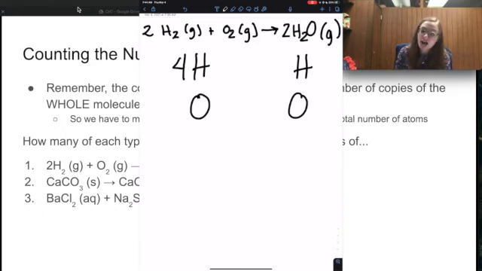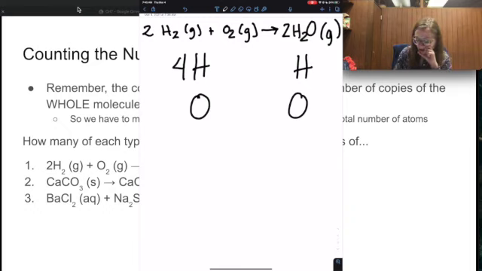If I'm looking at oxygen, I just have one oxygen molecule. If we don't see a coefficient written, if we don't see anything written out in front of our chemical formula like this, it counts as 1. Just as with everything else in chemistry, we don't write the number 1, so if you do not see a coefficient, it means a coefficient of 1.